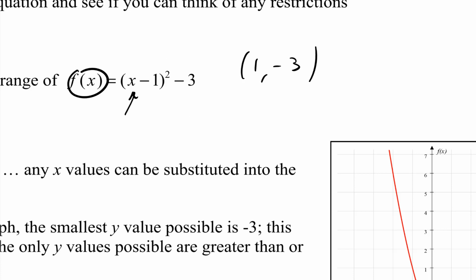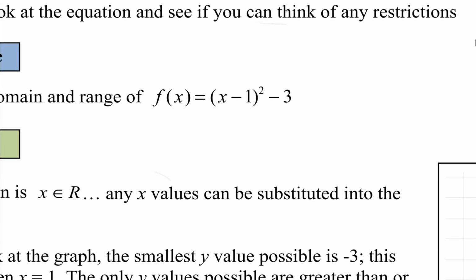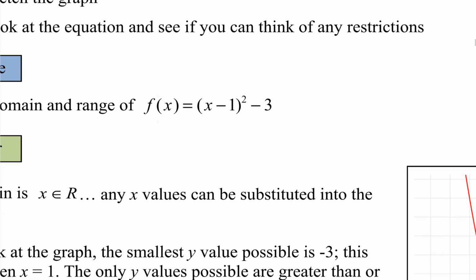The other way you could look at this is to imagine we didn't have the graph. You could look at this function and say, okay, what are the restrictions on the f of x values? Well, this part here is a perfect square, so the least this could be is 0. And that happens when I substitute x equals 1 in here. If I put x equals 1 in here, this part becomes 0.